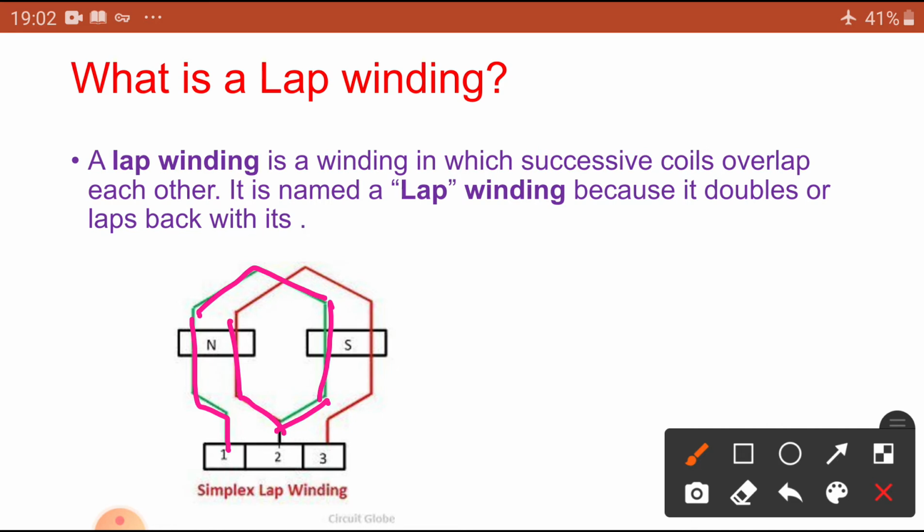That means it goes a distance of back pitch, and it comes forward in the form of a front pitch. This type of winding we have already discussed in many lectures. It is named a lap winding because every time it is repeated, it laps back with its connections.